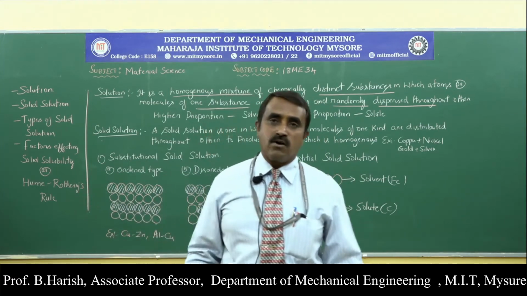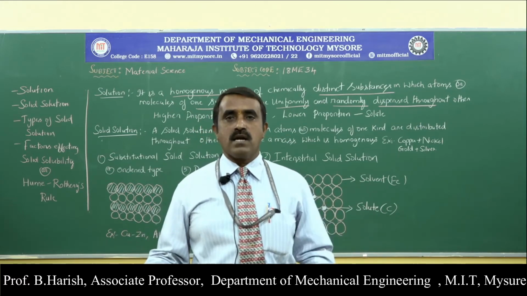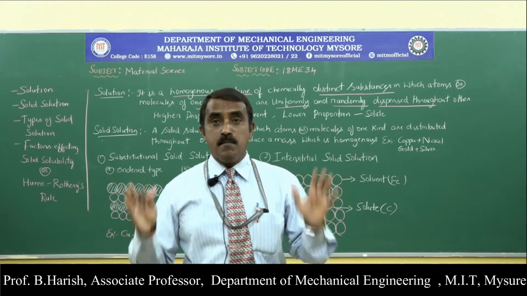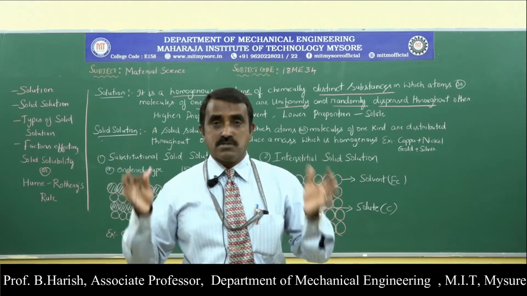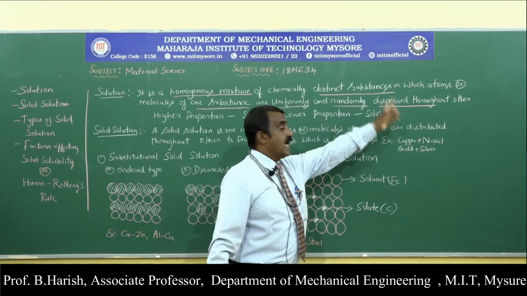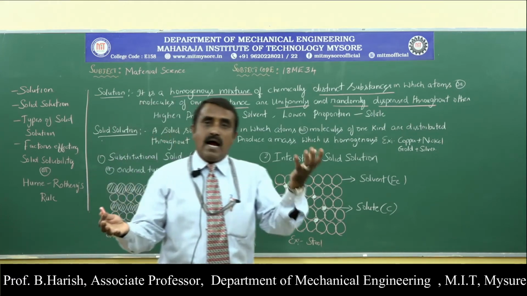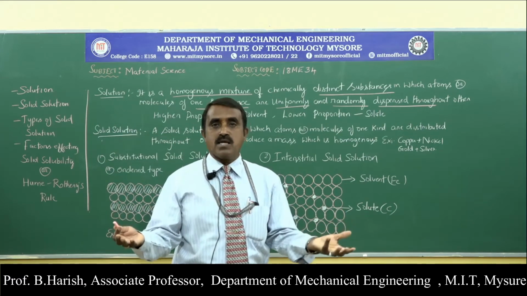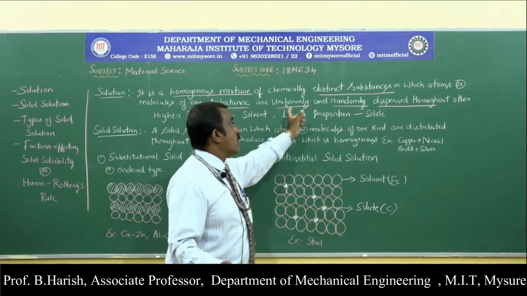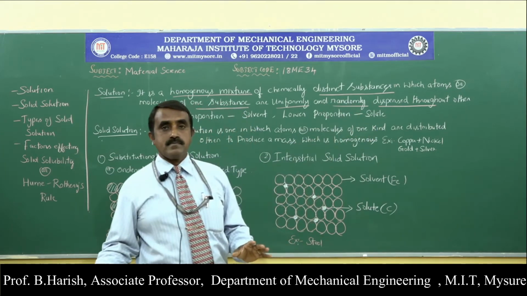Same example: copper has one crystal structure, whereas nickel has a different crystal structure. Chemically distinct means the chemical makeup and structure are totally different. Atoms of copper and atoms of nickel, or molecules of copper and molecules of nickel, are uniformly and randomly distributed throughout the other.